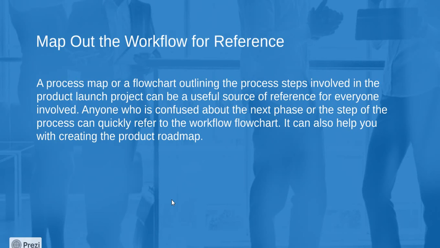A process map or a flowchart outlining the process steps involved in the product launch project can be a useful source of reference for everyone involved. Anyone who is confused about the next phase or the next step of the process can quickly refer to the workflow flowchart. It can also help you with creating the product roadmap.